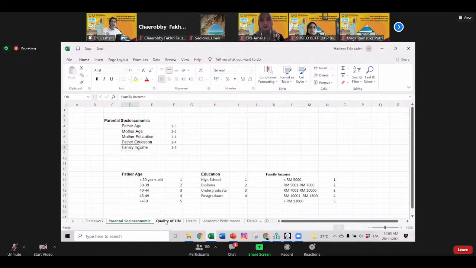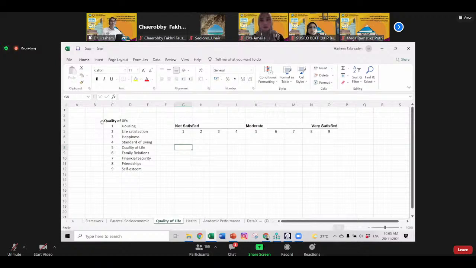So let's move on to the quality of life. For the quality of life, I found some literature with around 15 or 16 indicators, but I extracted 9 of them because it's suitable for my area. Sometimes you find papers or theories that put 6 or 7.